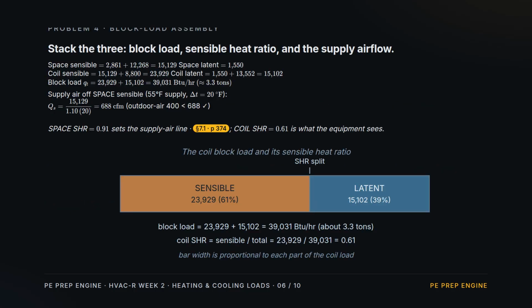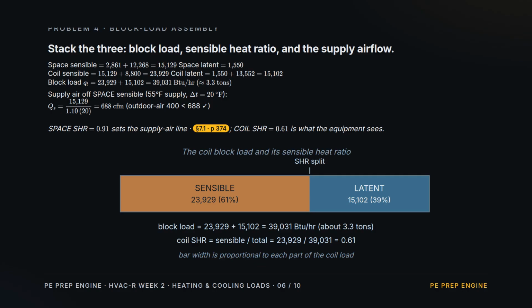Problem 4. Assemble the block load. Space sensible is the wall and window plus the internal gains. 15,129 with 1550 latent. Add the outdoor air at the coil. Coil sensible, 23,929. Coil latent, 15,102. The block load is 39,000, about 3 1/3 tons.